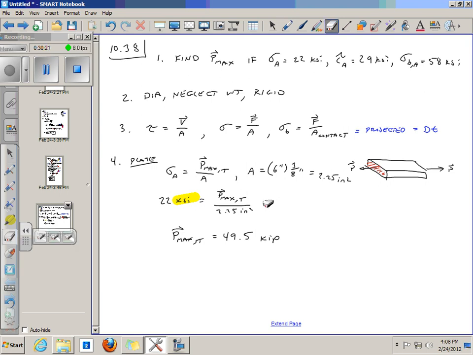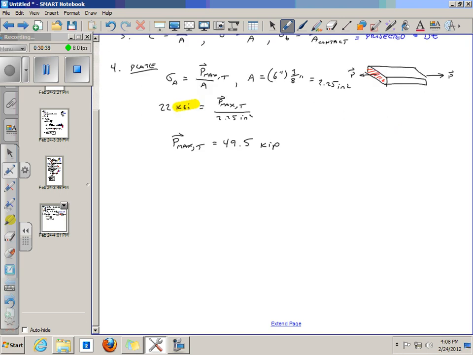So that's the most force we can apply on this plate and not fail the plate in tension. That's why it's comma T. Okay, well, now let's take a look at the rivets.